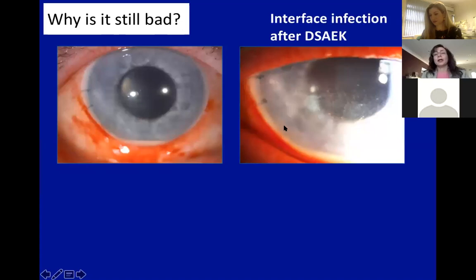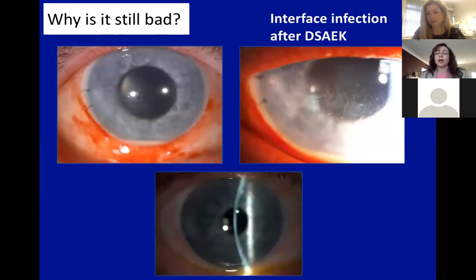But it can also happen with endothelial keratoplasties, like this patient with DSEK who presented a few months after the operation with a hypopyon. And you can see the infection started here at the wound. And if you look very carefully, you see these lines there. And these lines were the clue for us that this is a fungal infection. So again, they spread very quickly at the interface, and we gave the patient intensive antifungal, and the patient cleared and went back to normal.